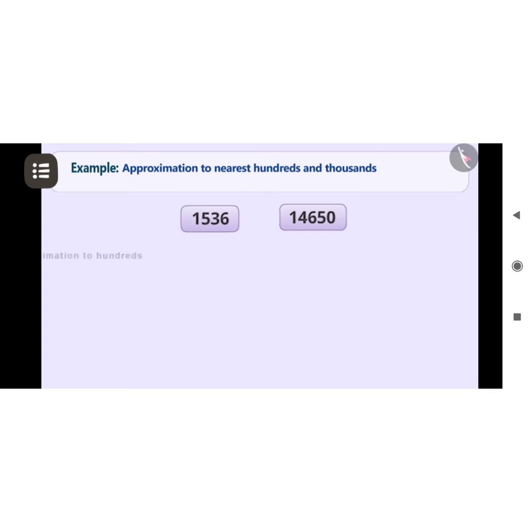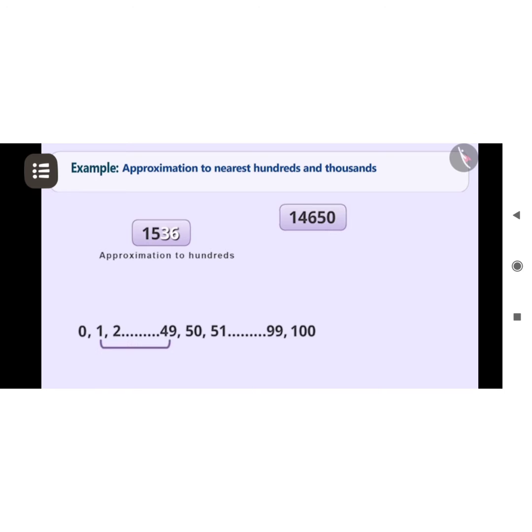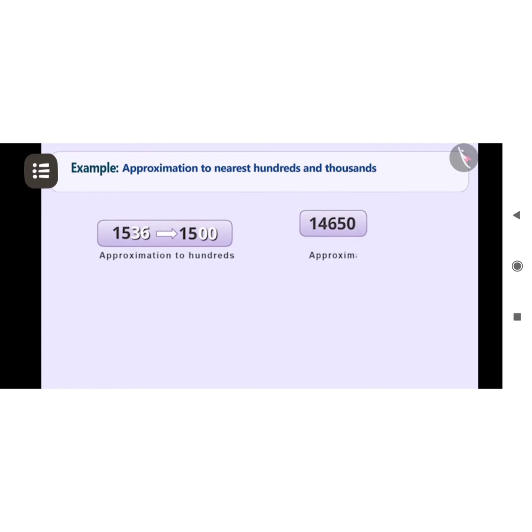The first number is 1536. Since 36 falls between 0 to 49, it will be rounded off to 0, so it will be neglected and the final answer will be 1500.